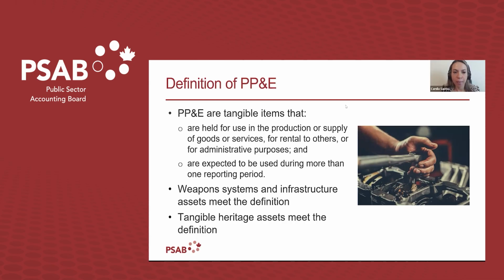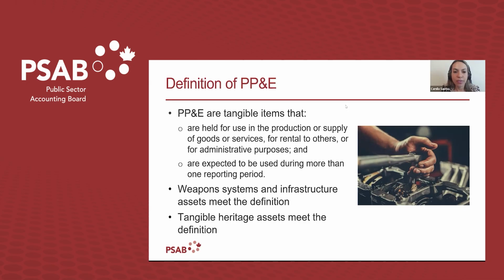This is an important topic as it represents one of the changes introduced by IPSAS 45. The predecessor standard, IPSAS 17, did not require heritage assets to be recognized as PP&E. Now, IPSAS 45 requires recognition where it's possible to reliably measure the asset. However, if these assets can't be reliably measured, disclosure of information about the asset is necessary.